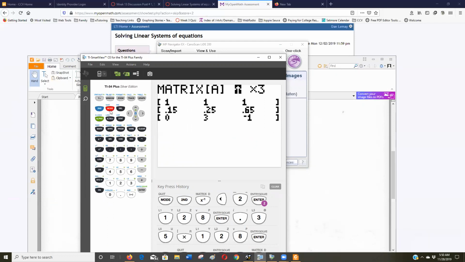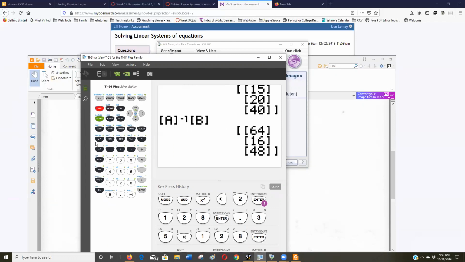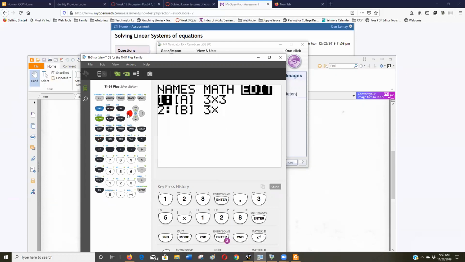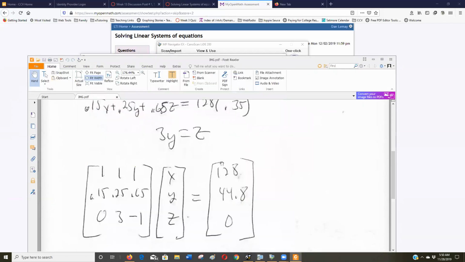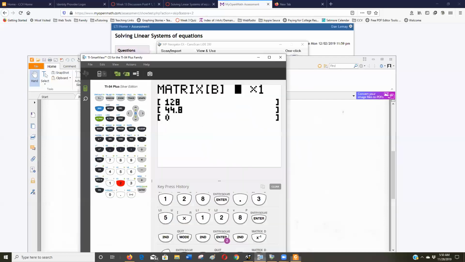Then remember to quit, and then second matrix, edit, matrix 2. And that's the constant matrix, the 128, the 44.8, and the 0. Okay, and then I quit this screen.